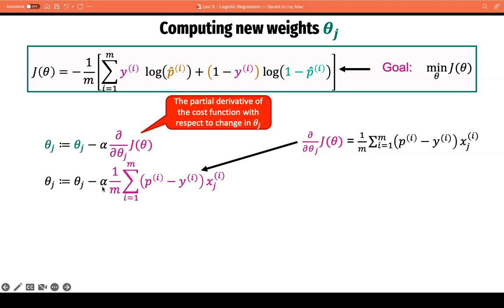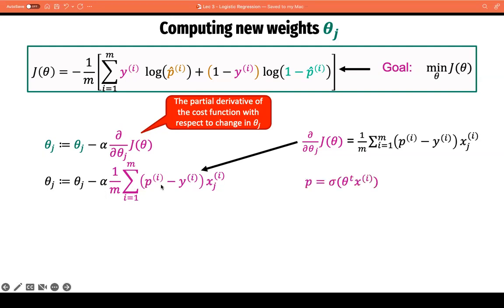But if the learning rate is small, then the step will also be much smaller and will make the convergence slower as well. So it's up to you to experiment with what learning rate to use.